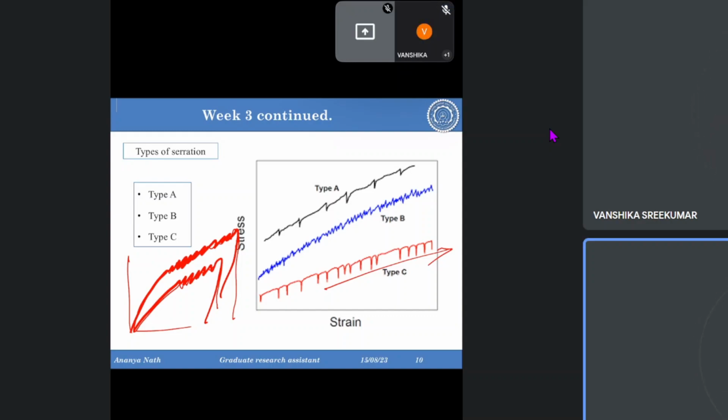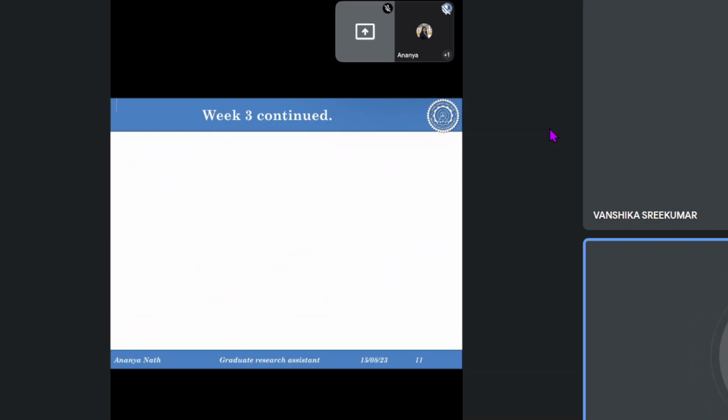Okay. So this is all about the serration flow or serrated flow. As I have told you, as the strain rate increases, we get increased temperature, which results in more solute atom movement and less stress. So this is the inverse behavior. Then I have already shown the magnitude of the serrated flow.